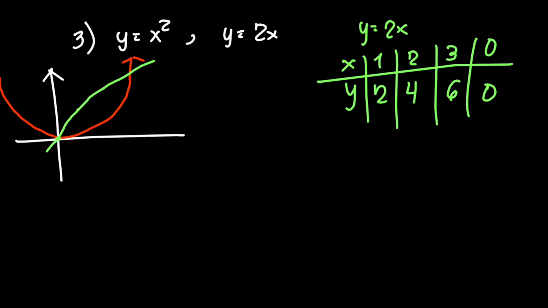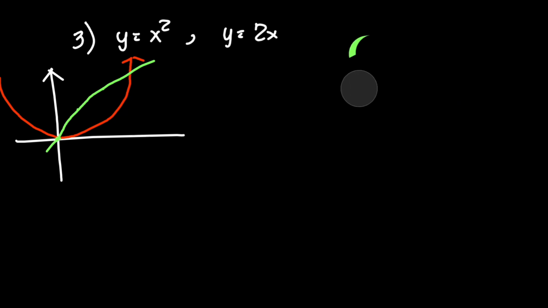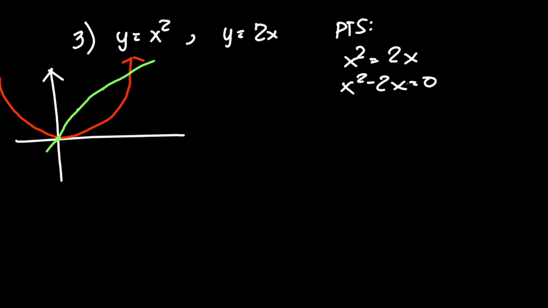It would be something like that. And so we can calculate the points of intersection in here. Since these are both y, just equate this. So this would be x squared equal to 2x. Put 2x on the left side. We can factor this out. x multiplied by x minus 2 equal to 0.